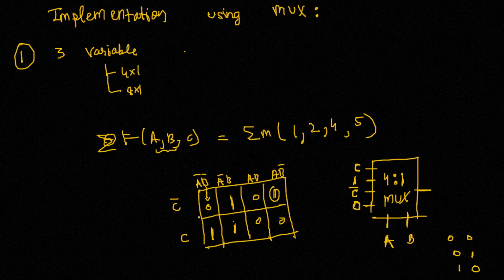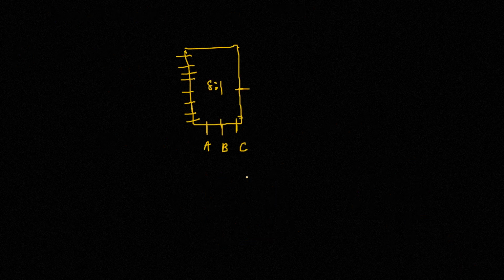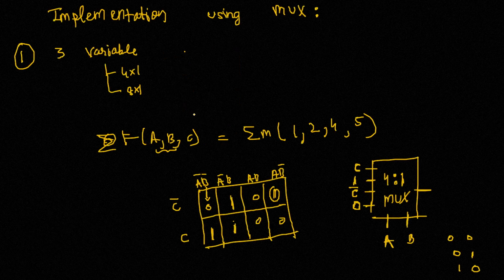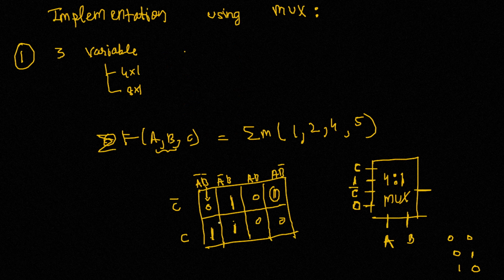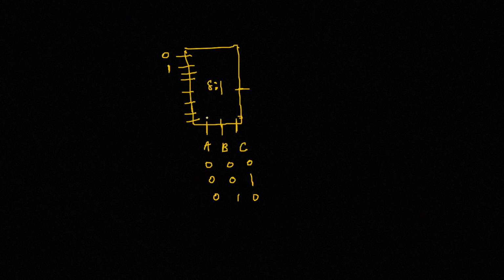So for A complement, B complement, C complement, we know that the first input line will get chosen, which is 0 here. And then for A complement, B complement, C, we can see that it's 1. So the second input line will be 1. Then we have 0, 1, 0, which is A complement, B and C complement. That is again 1, so this is 1.